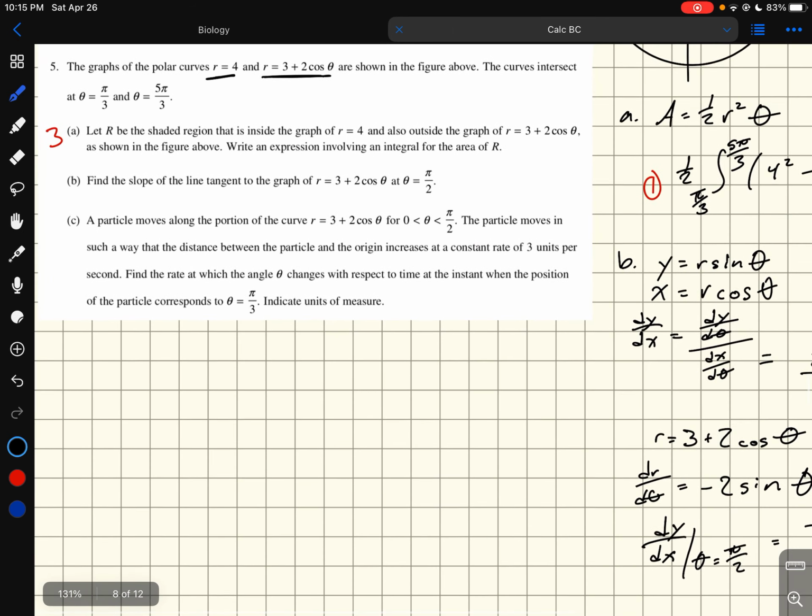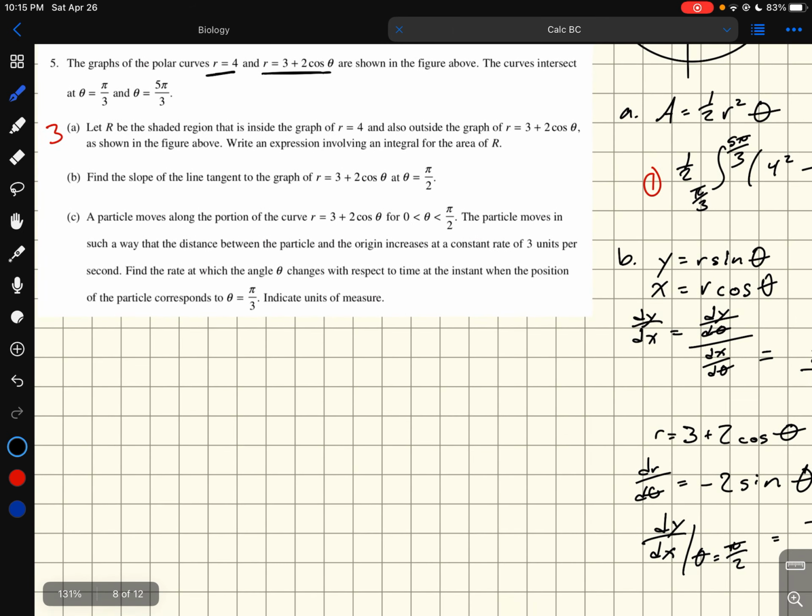I forgot to solve for that part. Okay. So our r is equal to 3 plus 2 cosine theta. So if we plug in a pi halves, so this is our r. If we plug in a pi halves right there, we'll get our r.